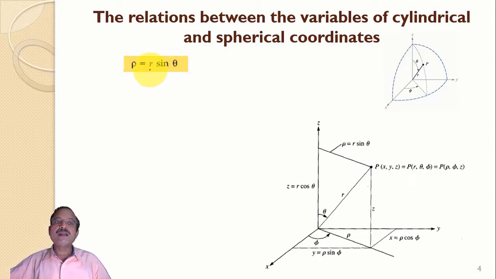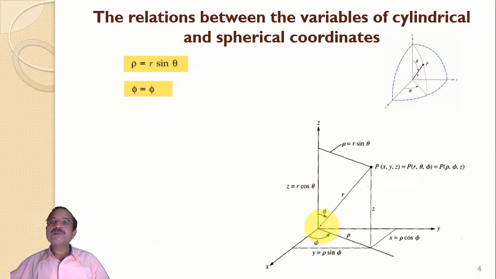So r is the radius of the sphere in spherical coordinates. I am writing cylindrical coordinates in terms of spherical coordinates. So rho is equal to r sin theta. Phi is the same in cylindrical coordinates as well as spherical coordinates. Then z.